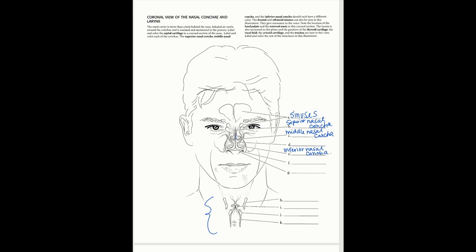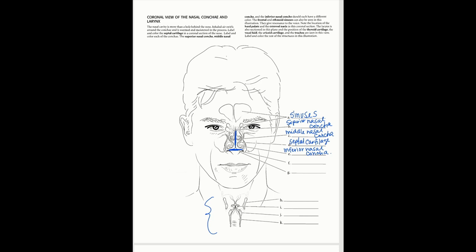Separating our left and right conchas, we have our septal cartilage, and I'm not particularly sure why this was included, but it was.